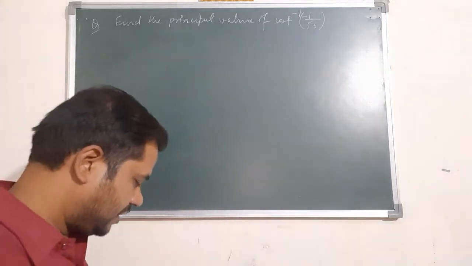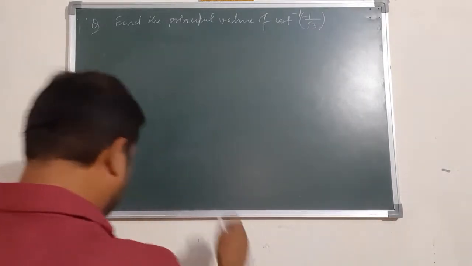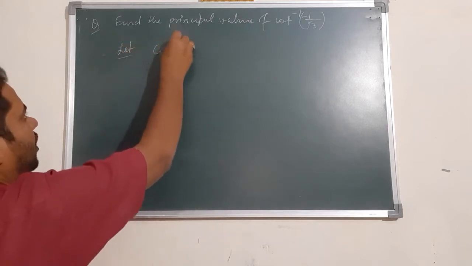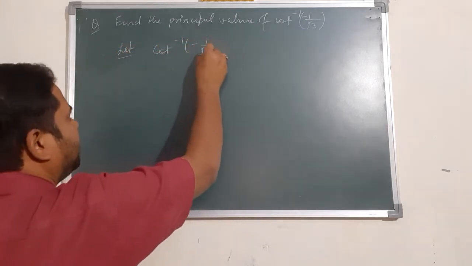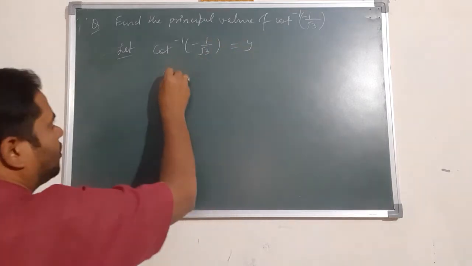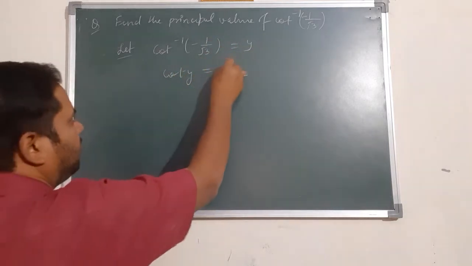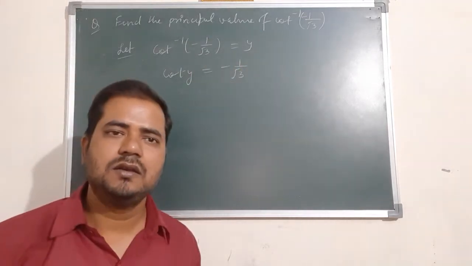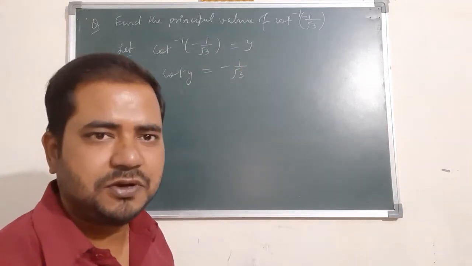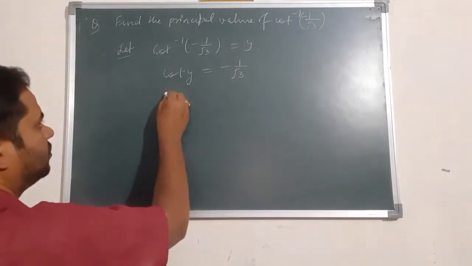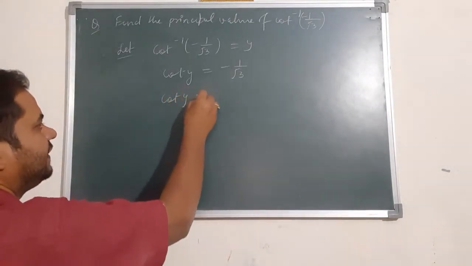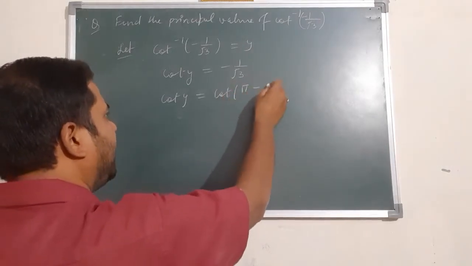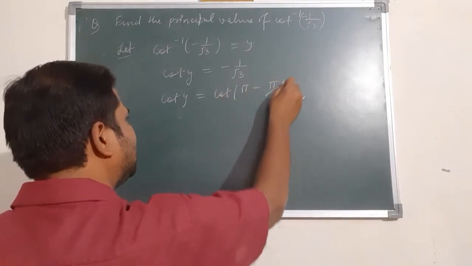Okay. So this is the method to solve. Let cot inverse minus 1 by root 3 be y. So cot y is minus 1 by root 3. So at which angle does cot have the value minus 1 by root 3? So cot y is equal to cot of pi minus pi by 3.